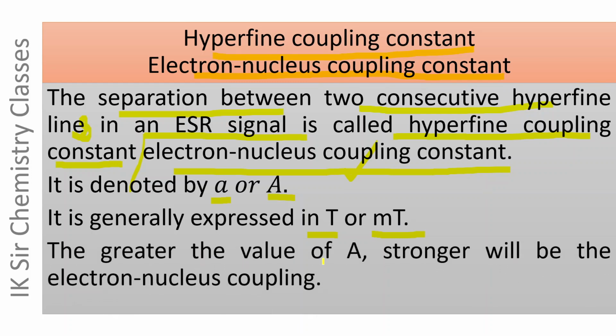The greater the value of A, the greater the value of hyperfine coupling constant or electron-nucleus coupling constant, the stronger will be the electron-nucleus coupling. The stronger the electron-nucleus coupling, greater will be the value of A.